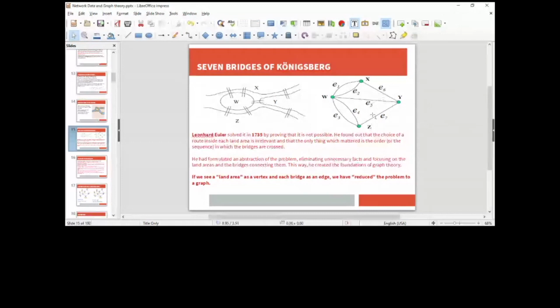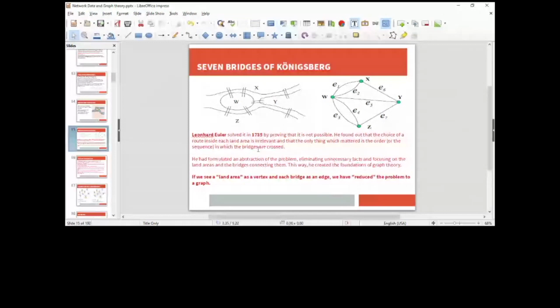So the way he said it was that he found out that the choice of a route inside each land area is irrelevant, and that the only thing that mattered is the sequence in which the bridges are crossed.